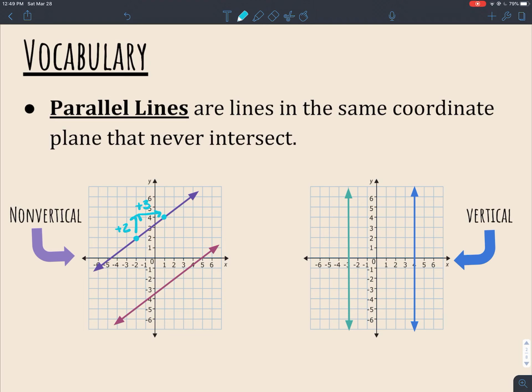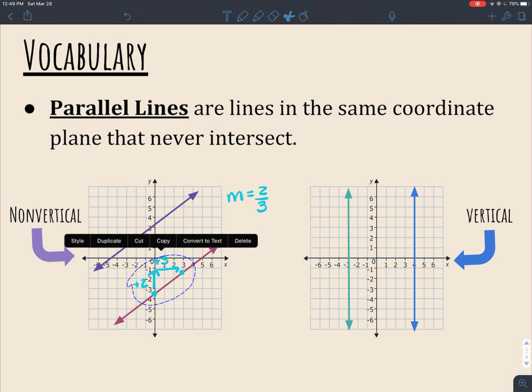So the slope of our purple line is 2/3. If I take my slope here and bring it down onto my pink line, it's the same. So this slope is also 2/3, meaning that they are parallel. They have the same slope.